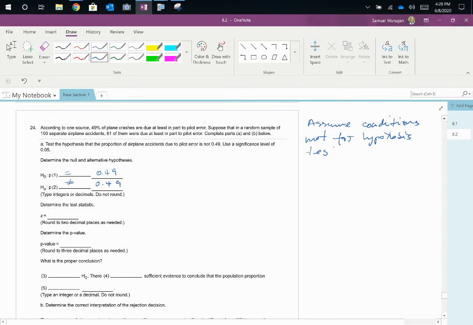And you can go ahead and check the conditions if you want: 0.49 times 100 should be greater than or equal to 10, and 100 times 1 minus 0.49 should also be greater than or equal to 10.